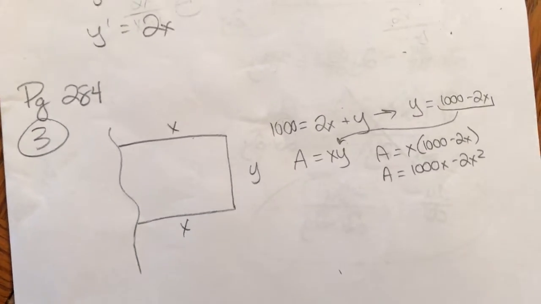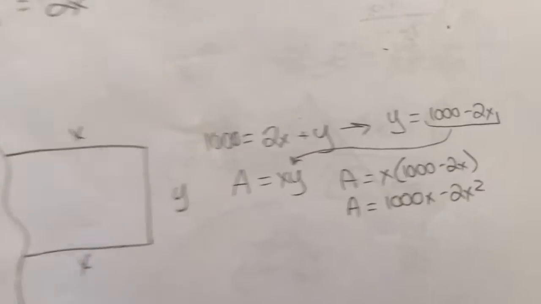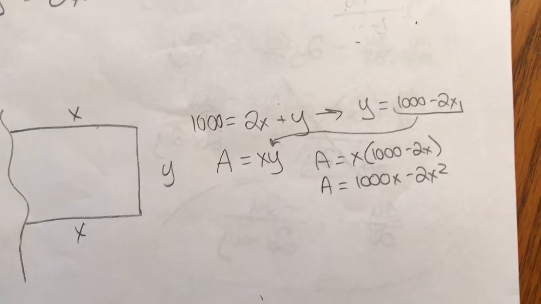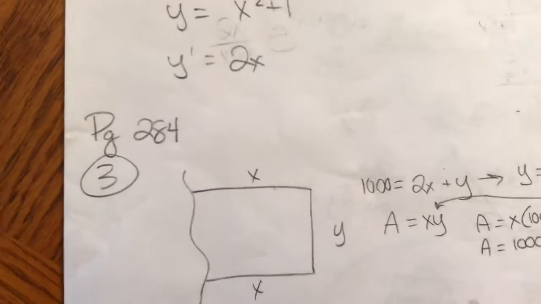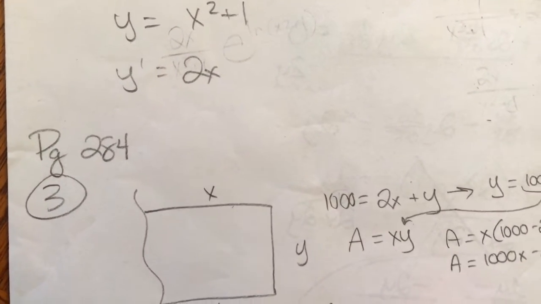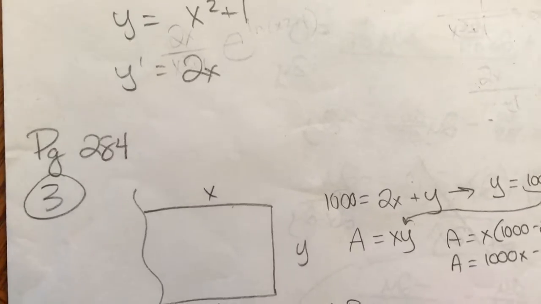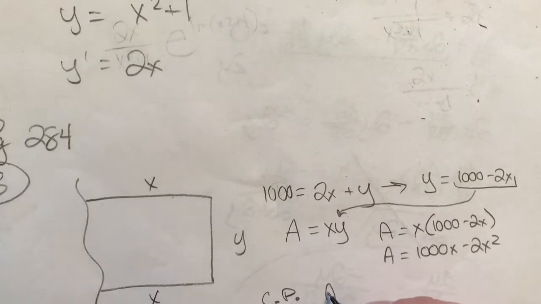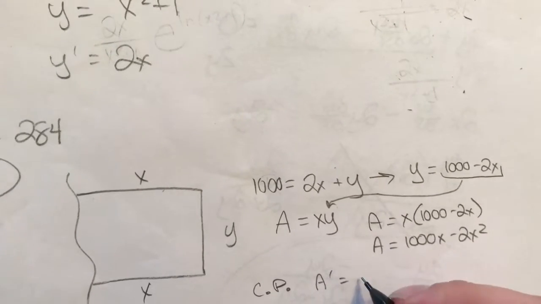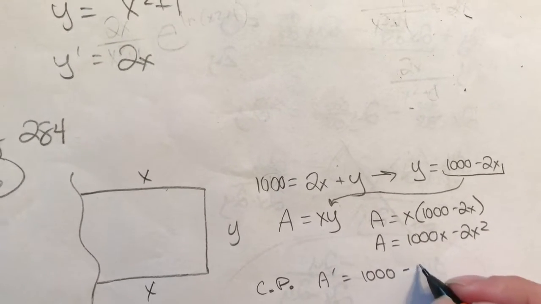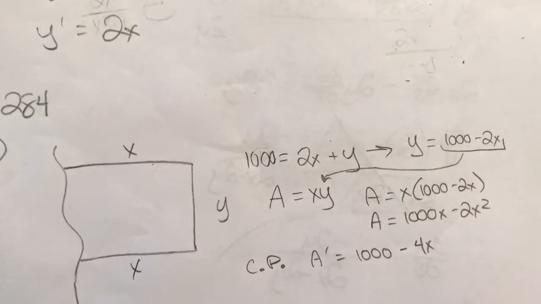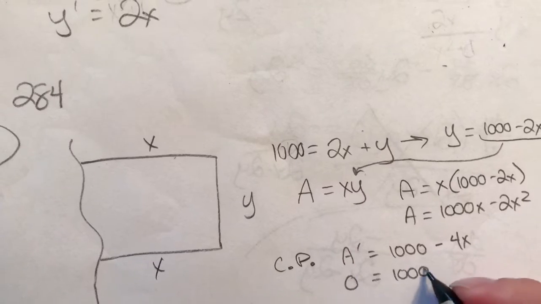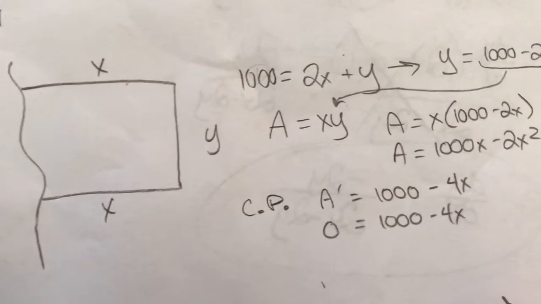If I'm trying to find out what I'm maximizing, I need to come up with some boundaries, and I need to come up with some critical points. So let's do the critical point first, okay? My critical point is found by taking my area, the thing that I have to maximize in this case, taking the derivative, so that'll become 1,000 minus 4x, setting the derivative equal to 0, so 1,000 minus 4x equals 0, and solving for my x.